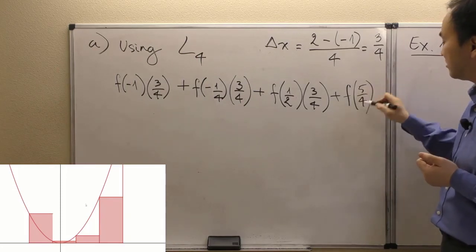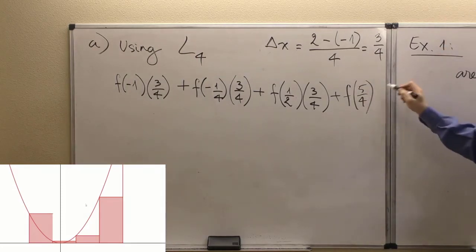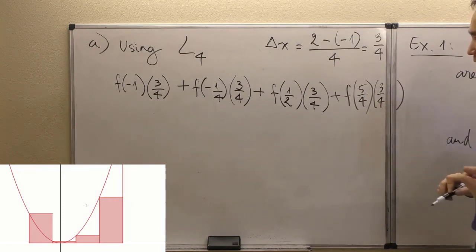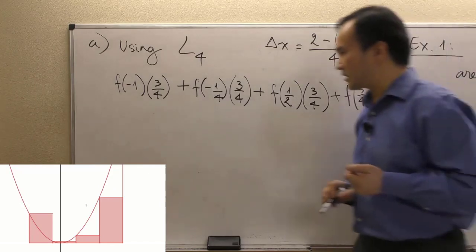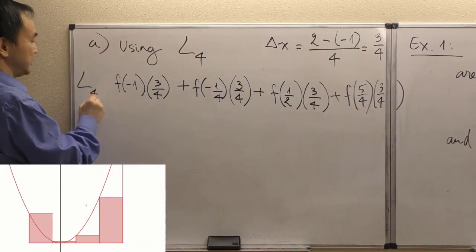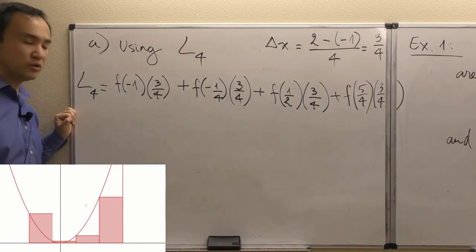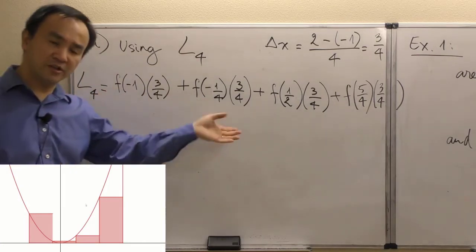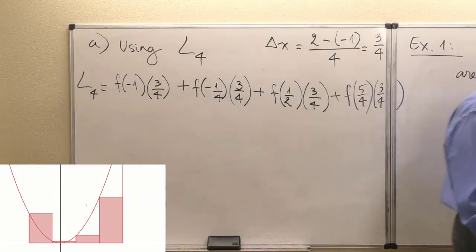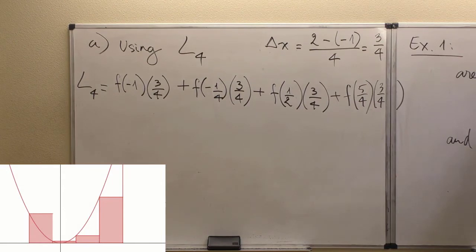I'm a little more comfortable with fractions. Then multiply with 3/4, the width. So this is L4. We want to use this L4 calculation to approximate our area, which is inside of this.